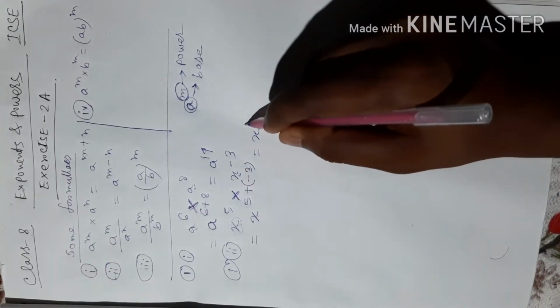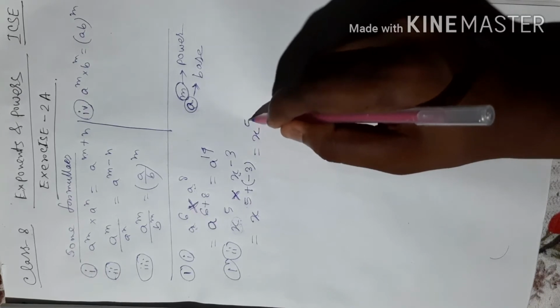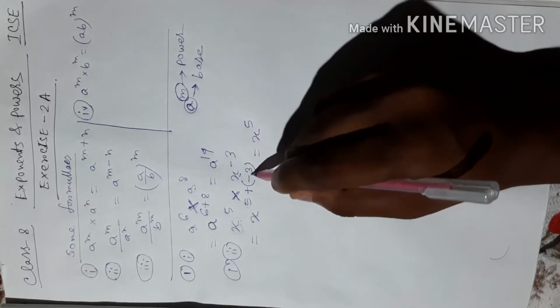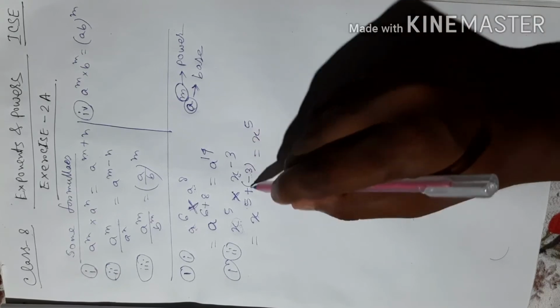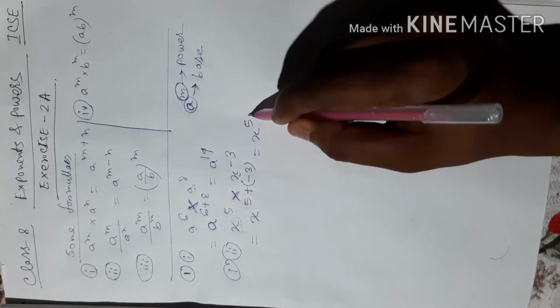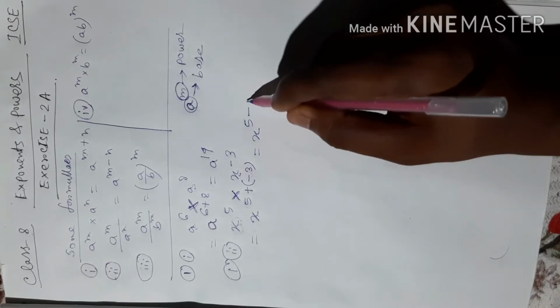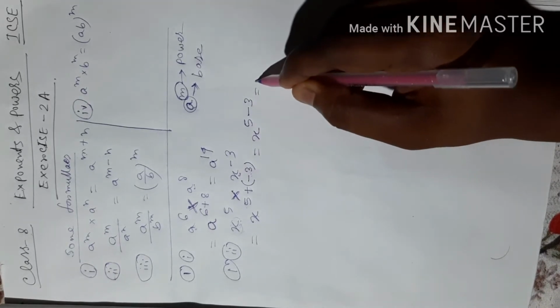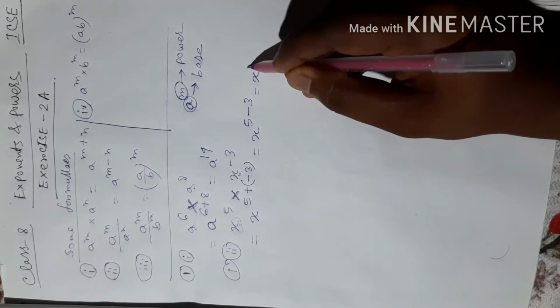So 5 plus minus 3, when we multiply plus and minus, the sign is minus, so 3, so the x power is 2.